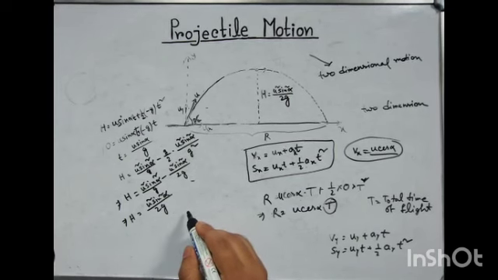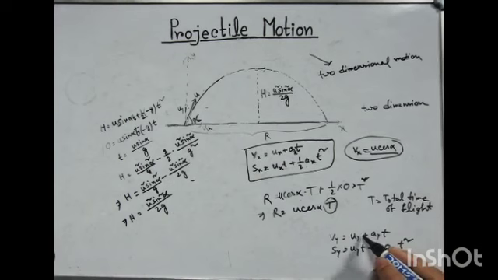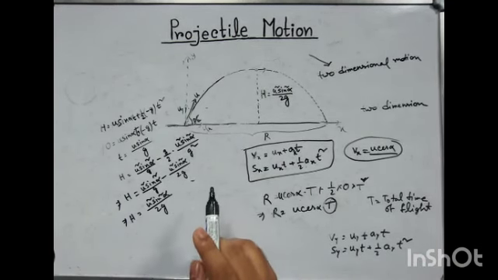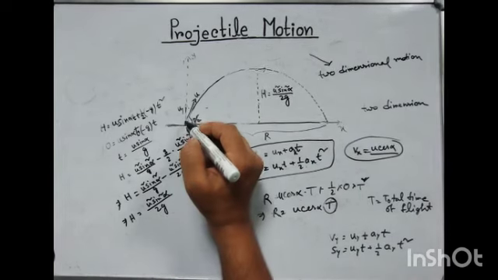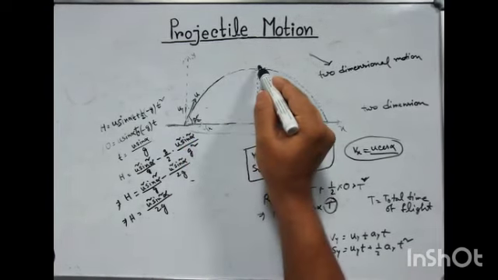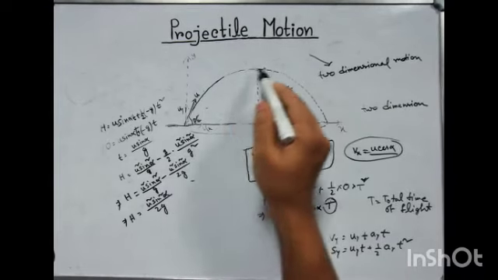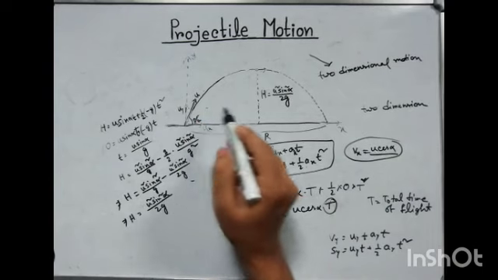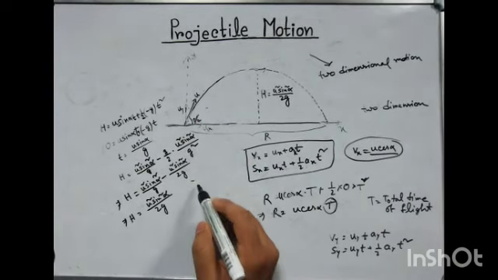We have studied vertical motion in a previous video. In vertical motion, we learned that the ball will reach a height and again it will hit the ground. So when it hits the ground, the displacement along the y-axis will be 0.